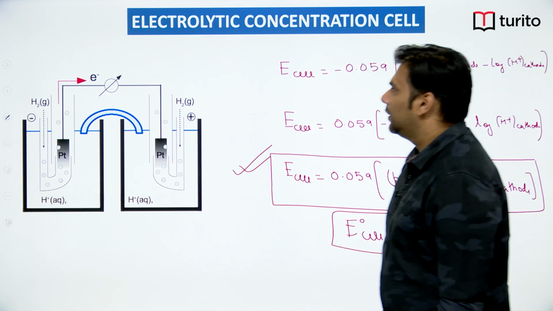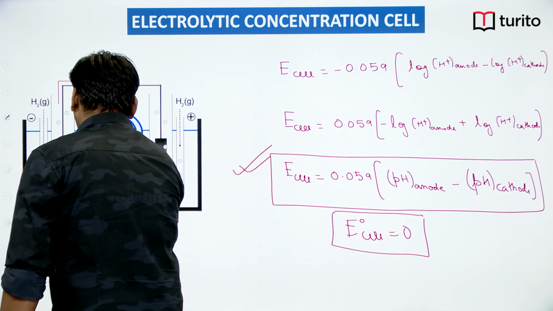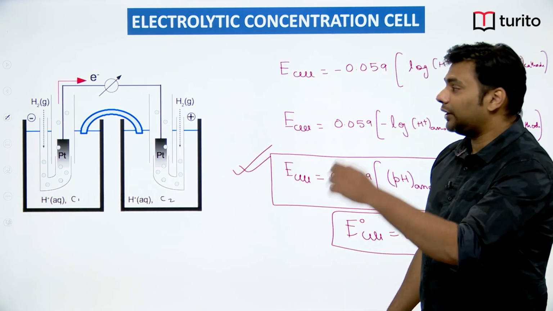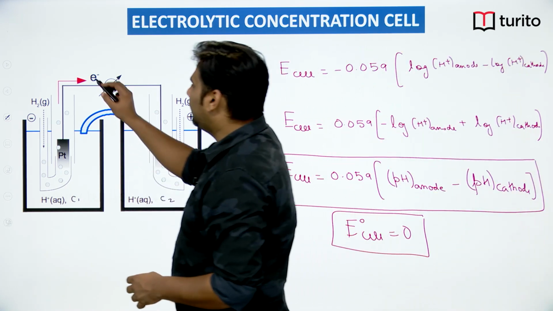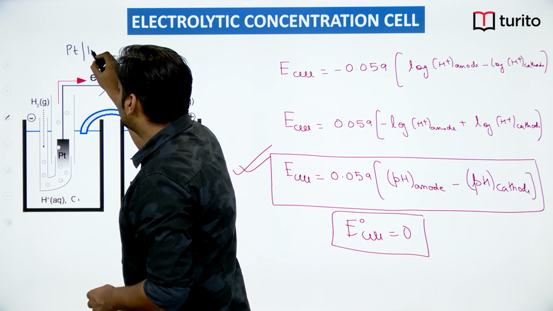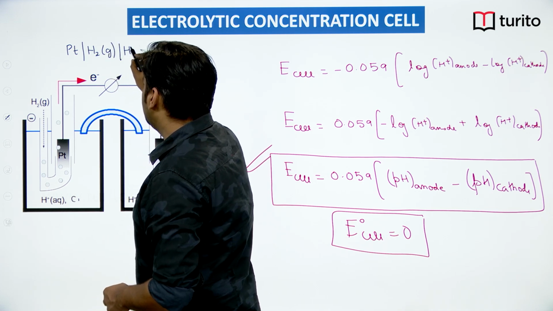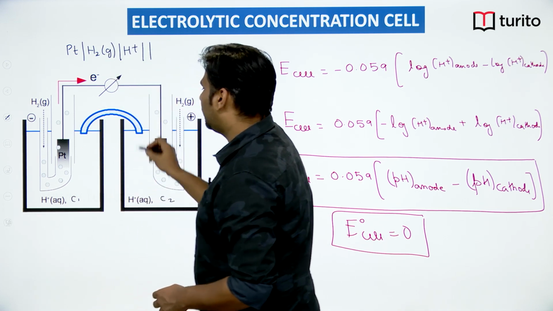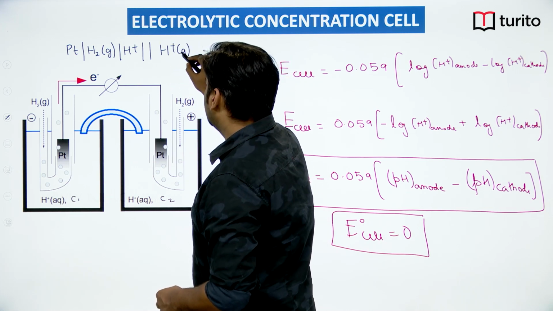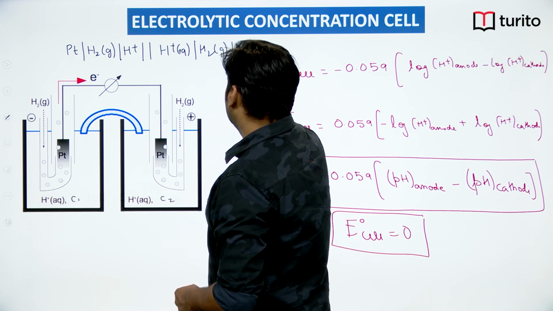Now if we want to write the cell representation of the electrolytic concentration cell, again we'll start with the anode. We'll first encounter platinum, then hydrogen gas, which is changing into H plus. Then we'll encounter a salt bridge, then we enter into the solution. Then we'll again encounter the hydrogen gas, and then through platinum, the electrode, we come outside.